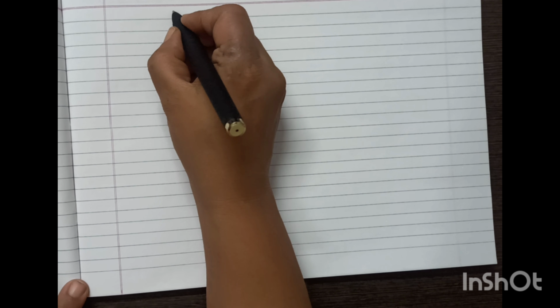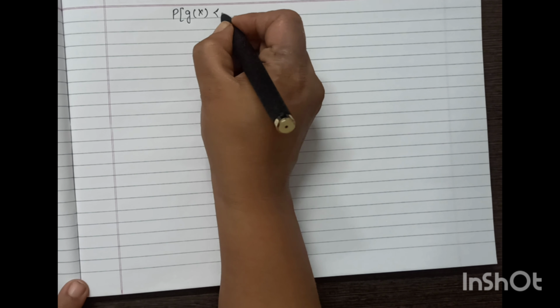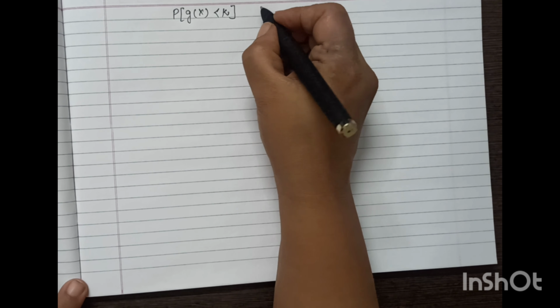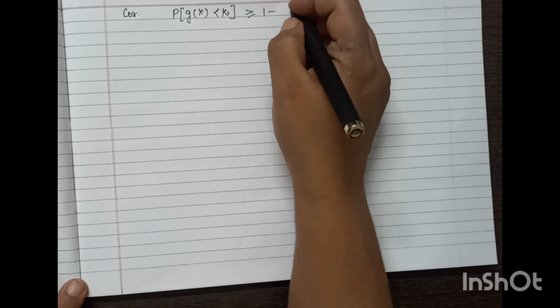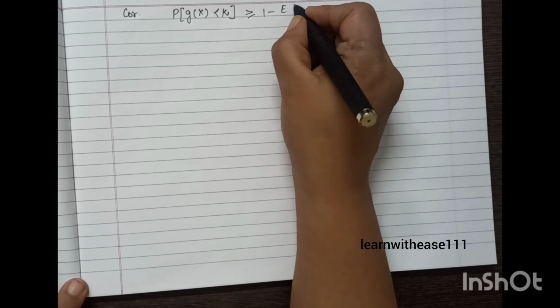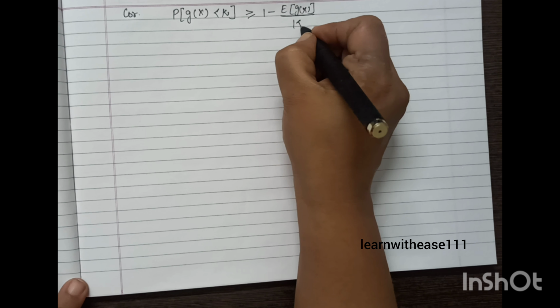In this we have probability of g of x less than k is greater than equals to 1 minus expectation of g of x upon k.